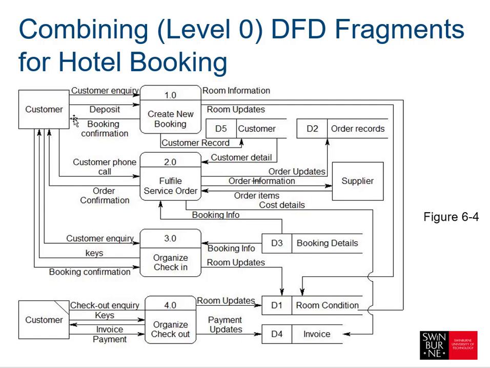So basically we have 2 external agents in this system: customer and supplier, that's it. And then we have around 5 entities used in this system as well. So that is all about DFD fragments and level 0 diagram.